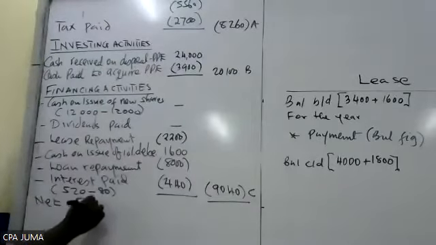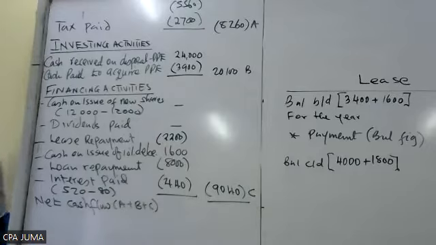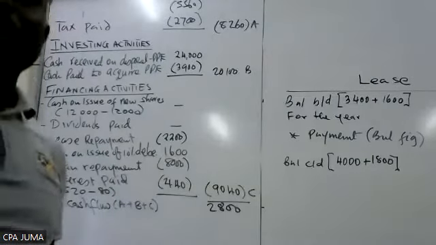So net cash flow is A plus B plus what? C. Are you doing that? Positive, negative. Positive 28. Now, the good thing with cash flow is that it has an answer inside.